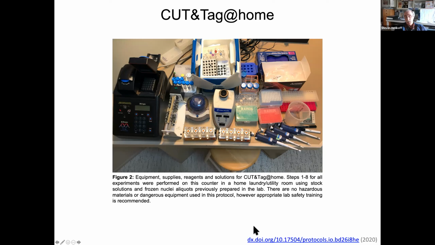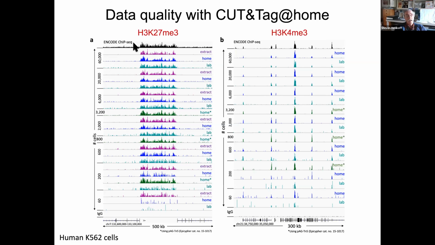And we then put up a bioRxiv manuscript describing the kinds of results that you get using this sort of stripped down simple procedure. So this shows some of the data in the bioRxiv manuscript. What you see is for CUT&Tag at home, we call it, that we do H3K27 trimethylation to map Polycomb silenced domains.